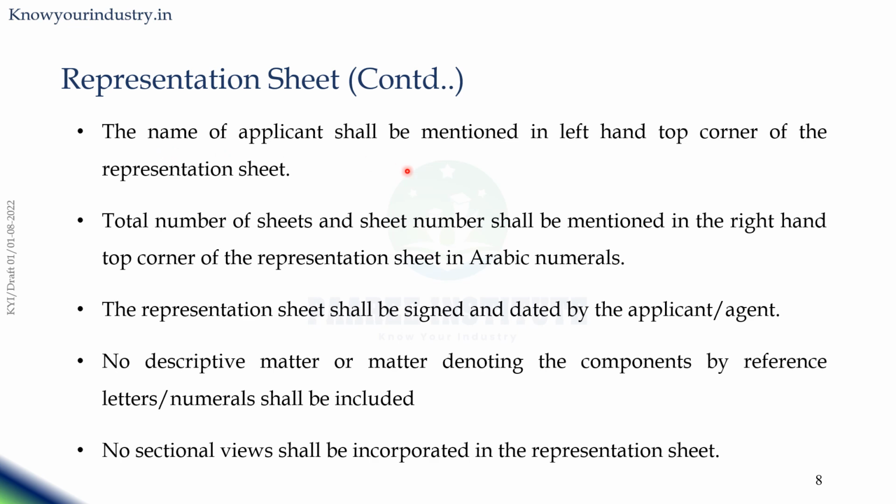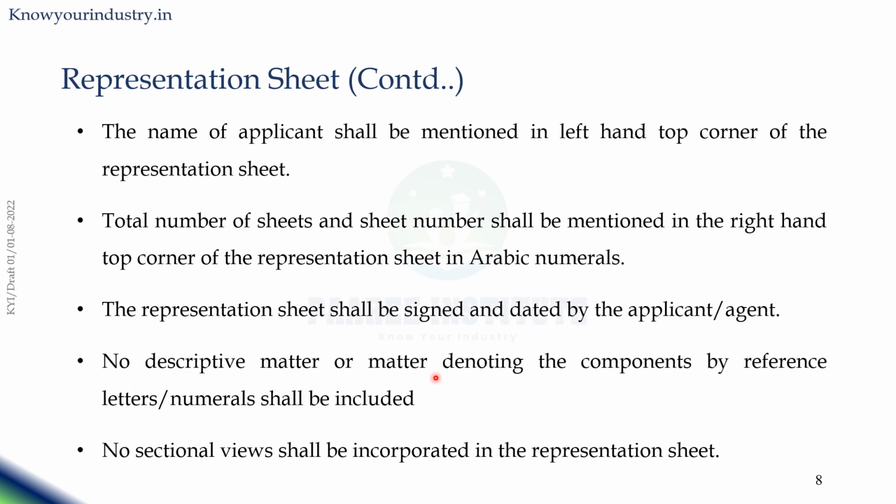The name of applicant shall be mentioned in left-hand top corner of the representation sheet. Total number of sheets and sheet number shall be mentioned in the right-hand top corner in Arabic numerals. The representation sheet shall be signed and dated by the applicant or agent.